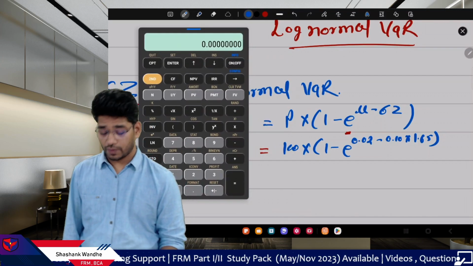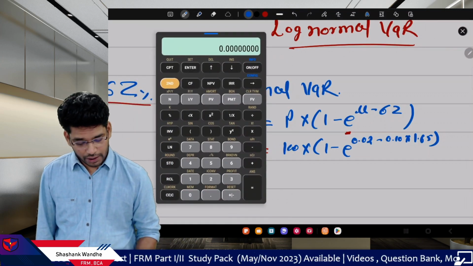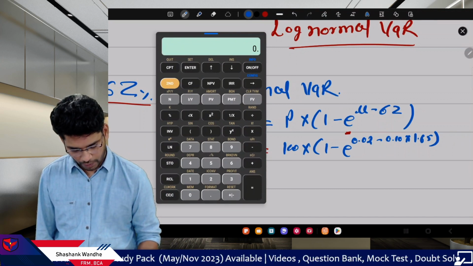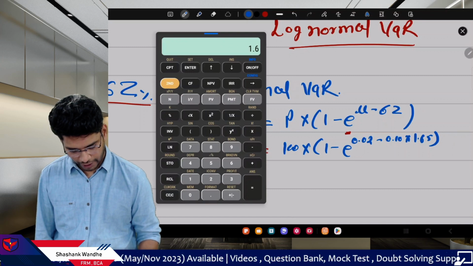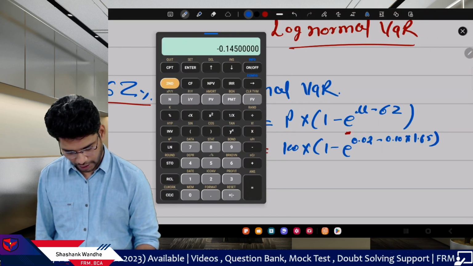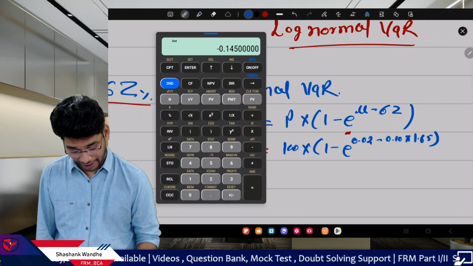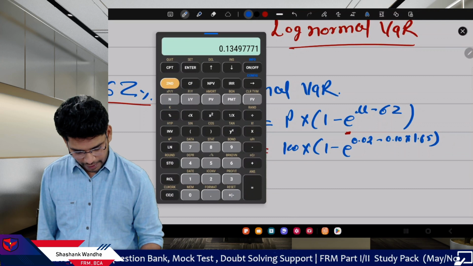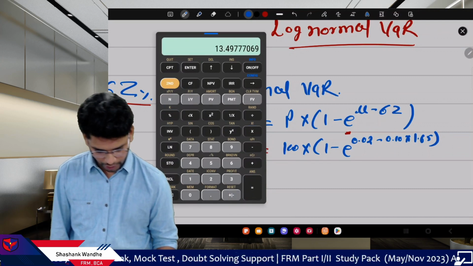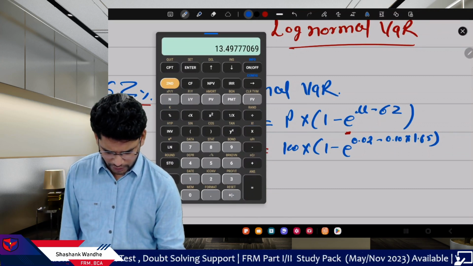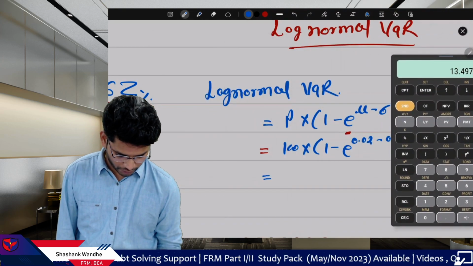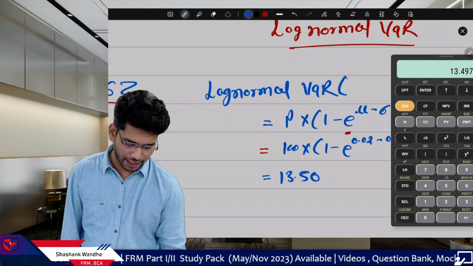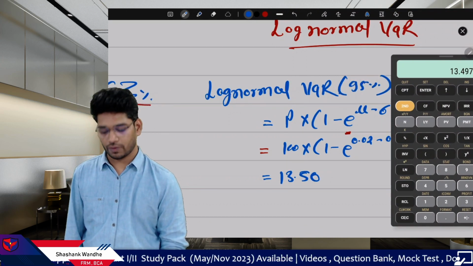I hope the calculator is visible. So 0.02 minus bracket open 0.10 multiplied by 1.65 bracket close, the answer is negative. Second, exponential, minus 1, remove the minus sign, multiply by 100, and your value at risk is approximately 13.50. So 13.50 is the value at risk at 95% using these values.